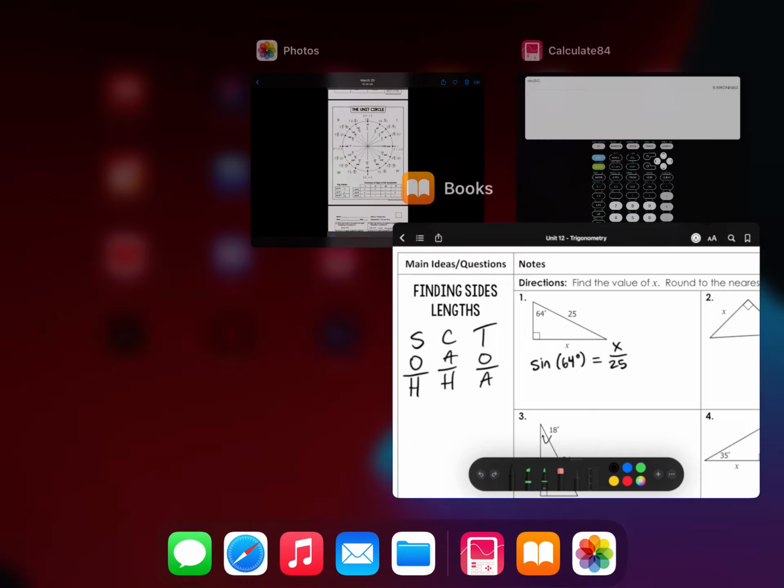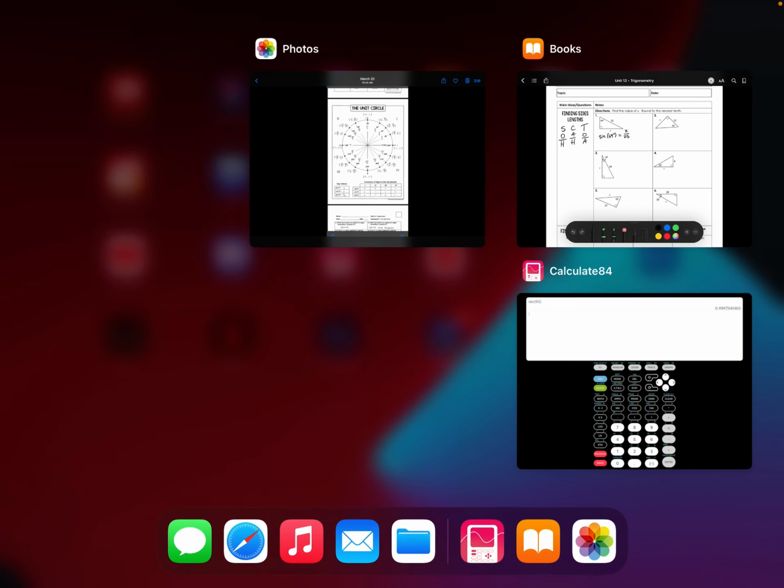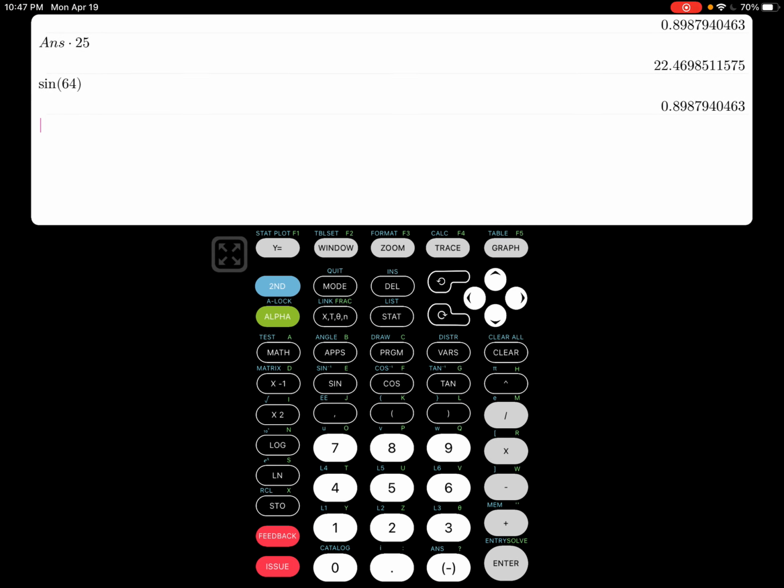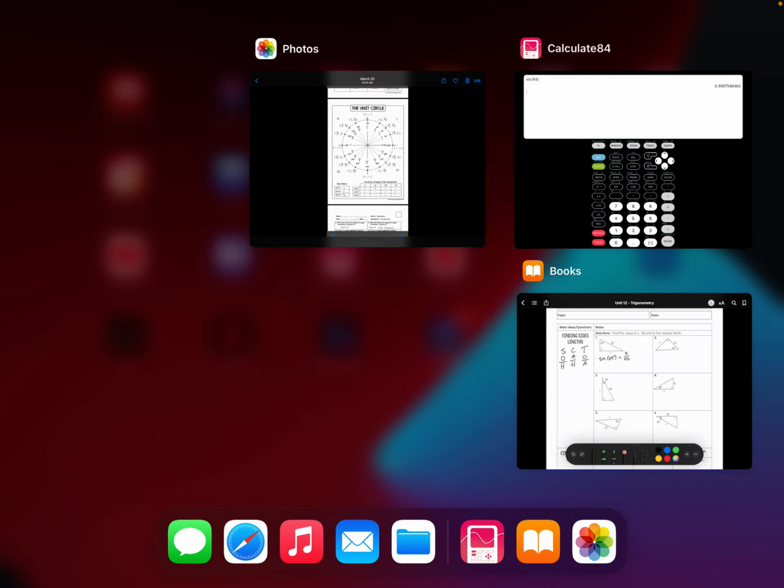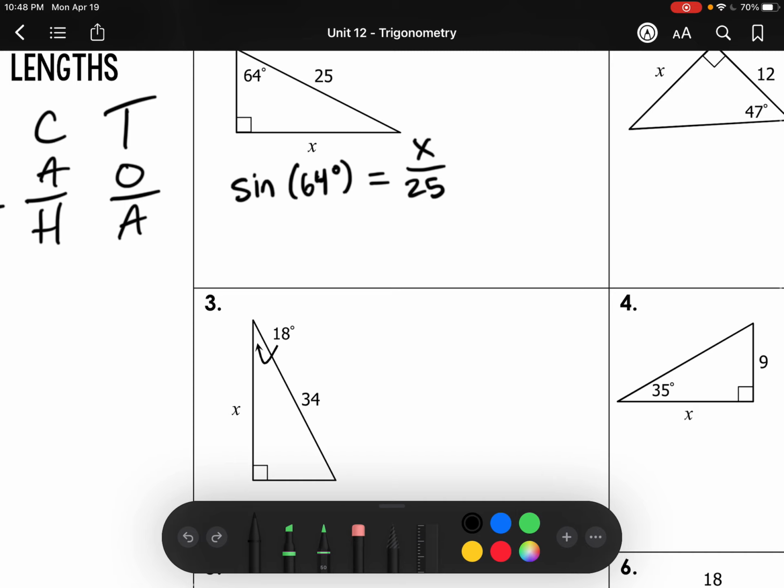If you did not get that value, it is because you have it set to radians. So make sure that you have your settings set to degrees. So 0.8987 is equal to x over 25.